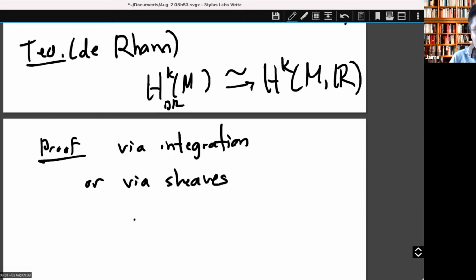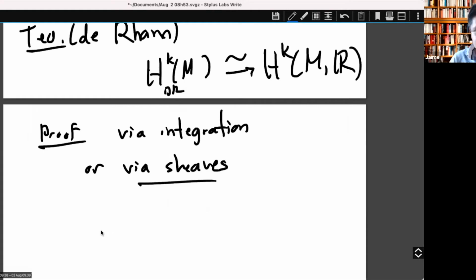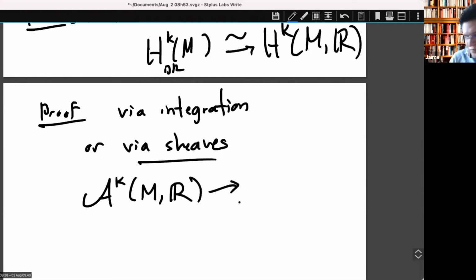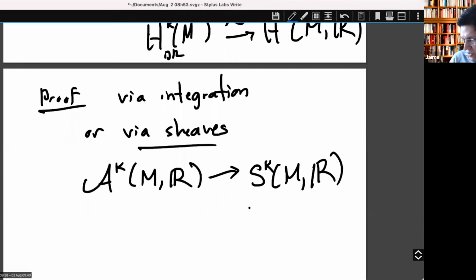And I'm going to say a little bit about this part. We're going to repeat this later, but when you use it via sheaves, what we have is that you have a sheaf actually. So when you have global sections, you have a map from the global sections of the sheaf to the cochains on M, and actually that's the way to prove the de Rham theorem in this case.